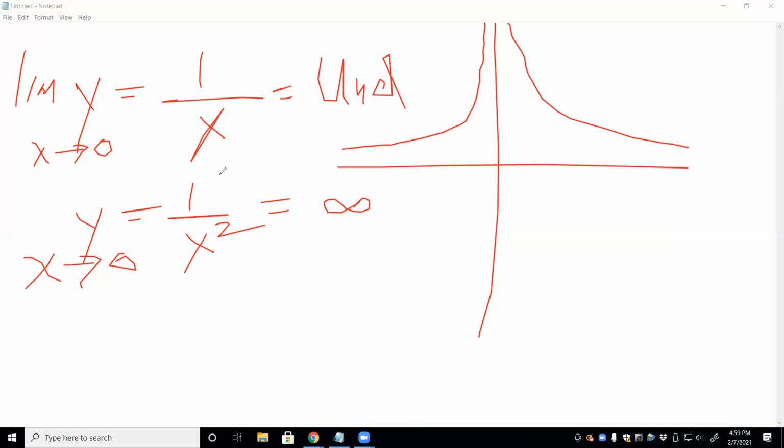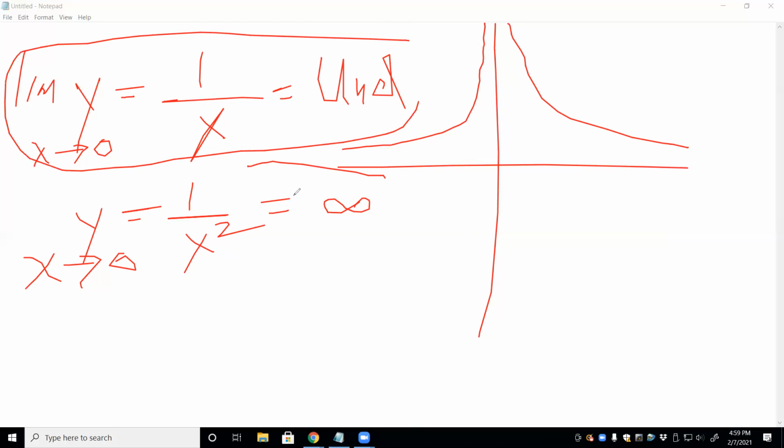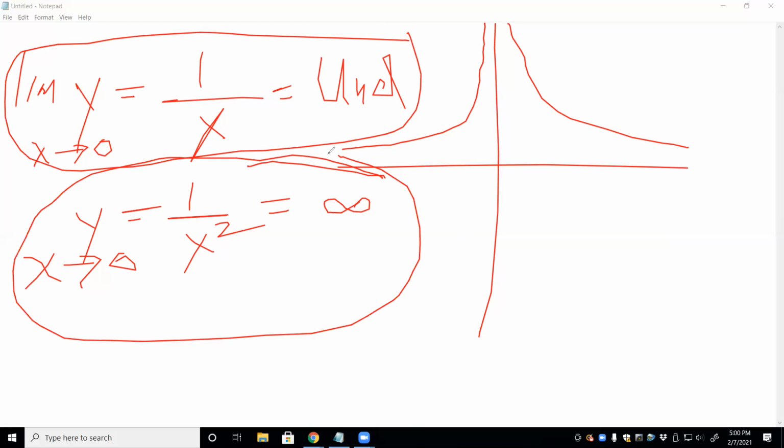But I've read other calculus books that say this one most definitely does not exist, and then they follow it up with this one most definitely does exist, but they're not willing to go so far as to say that it's infinity. But they say it definitely exists because the limit from the left is the same as the limit from the right. Gotcha. Okay, cool.